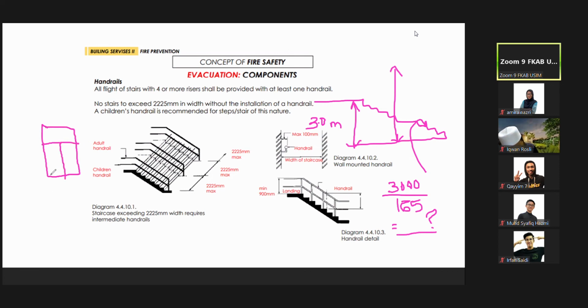Dog leg, a staircase in the shape of a dog leg. This is a dog leg. So there is the straight flight staircase. Straight flight means from floor to another floor, it has to be all the way stairs. Okay, wait, let me draw.